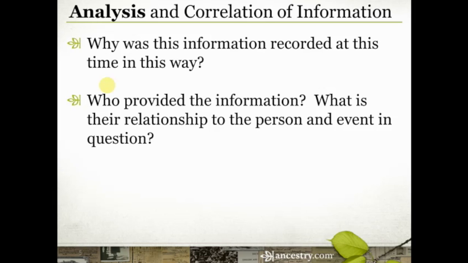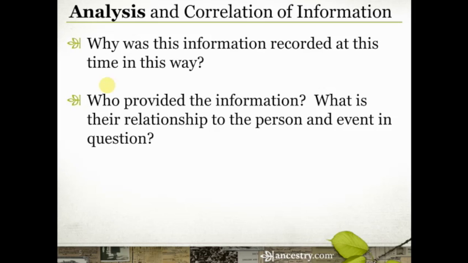So if I'm looking at a death certificate for a child, and the informant is the father of that child, that information is going to carry a different weight in my mind and in my analysis process than a death certificate of an old man whose son-in-law is the informant. Okay? And here's why.